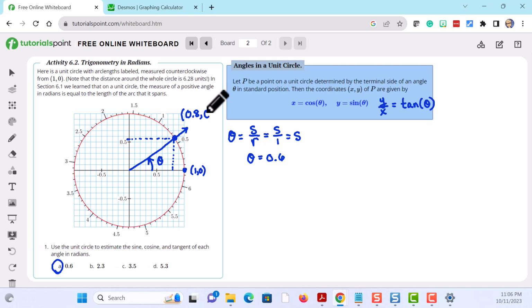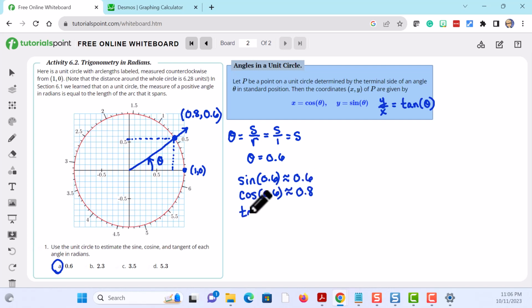I'm just going to go ahead and round off to 0.6. So the sine of 0.6 is approximately the y-coordinate of our point, which is 0.6. The cosine of 0.6 is approximately the x-coordinate of our point, which is 0.8.